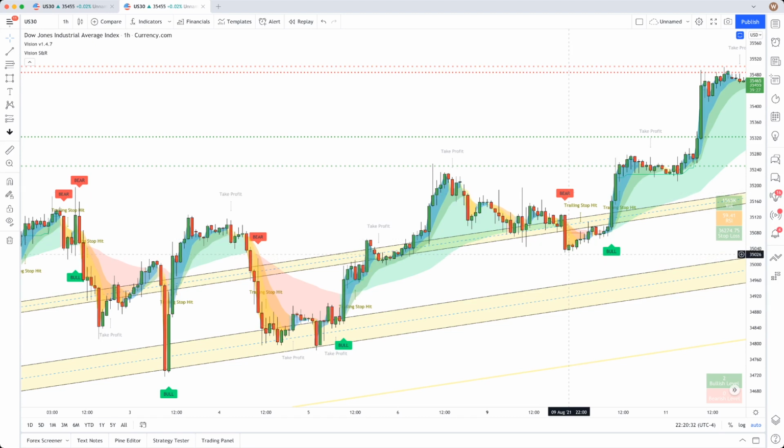But in here, with all these long wicks, it looks like there weren't big traders going short. That's the biggest thing: pay attention to those take profit signals, because you're not really going to trade signal to signal. I wouldn't. It's not what it's designed for.